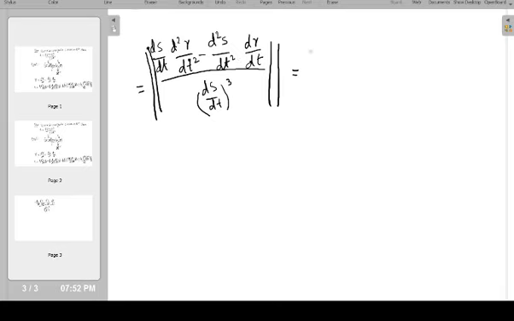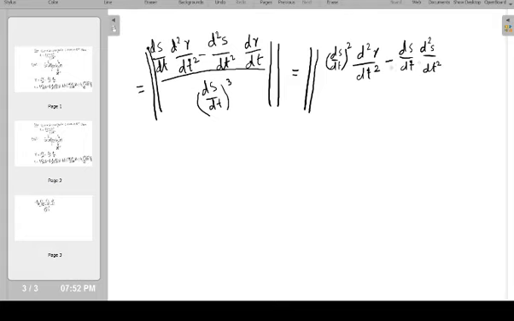So what I will get: norm of ds by dt whole square into d square gamma by dt square, minus ds by dt into d square s by dt square into d gamma by dt, whole divided by ds by dt whole to the power of 4.